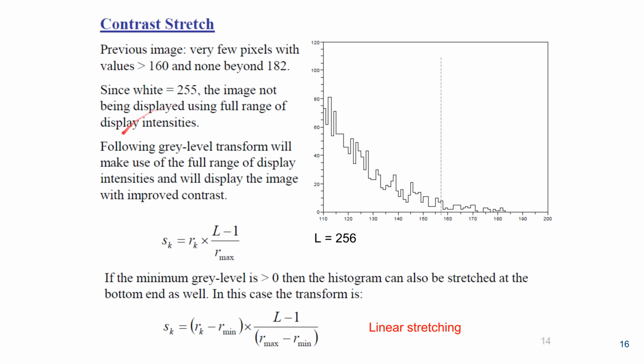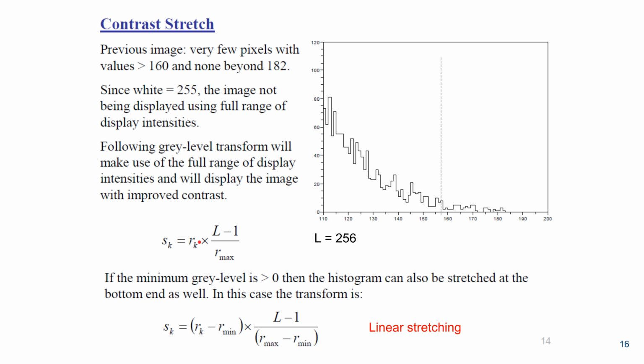In the previous image, for example, there were very few pixels with values greater than 160 and none beyond 182. That's obvious when we zoom in on the histogram. So the following grey level transform will take the pixel values and create a histogram that makes a fuller range of display intensities, and the result will be an improvement in contrast.